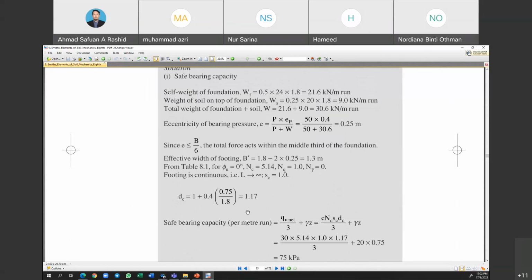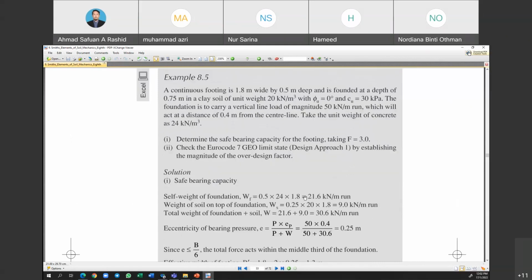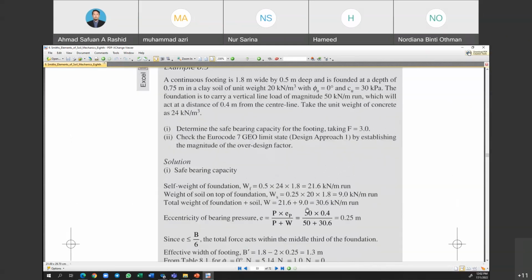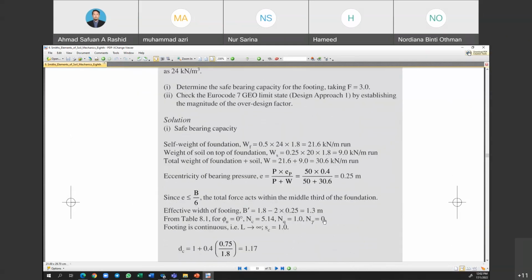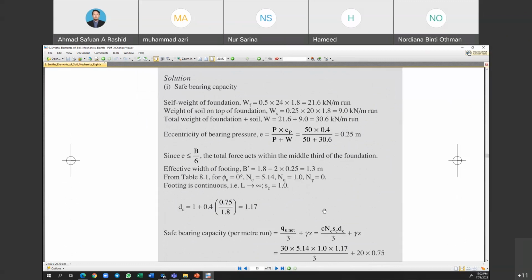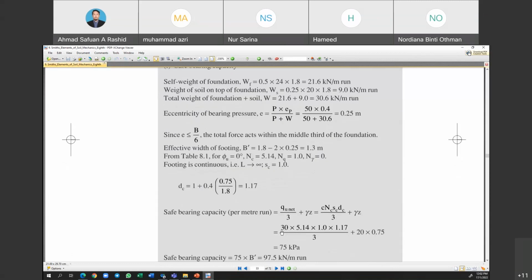Okay, so because the value of the N gamma is 0, there will be no sub-equation number 3. Okay, only sub-equation number 1 and sub-equation number 2. Okay, so then for the safe bearing capacity, we divide by 3 later on.